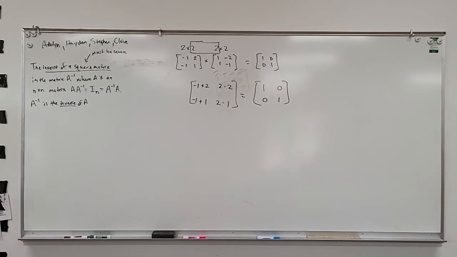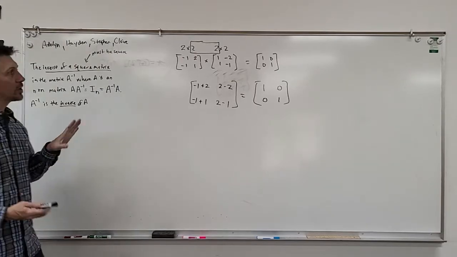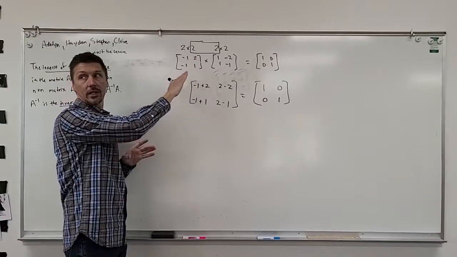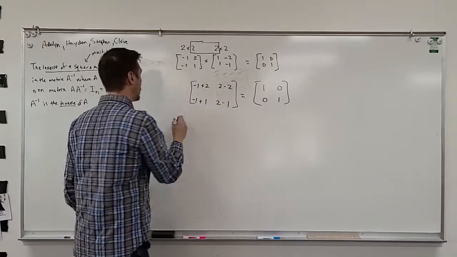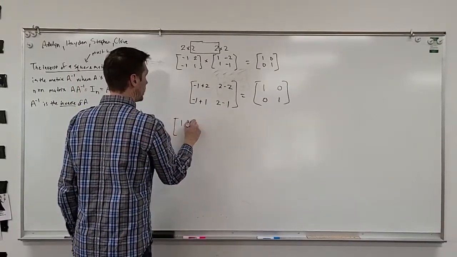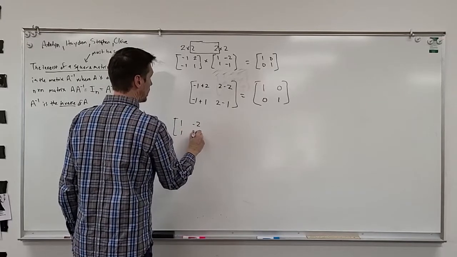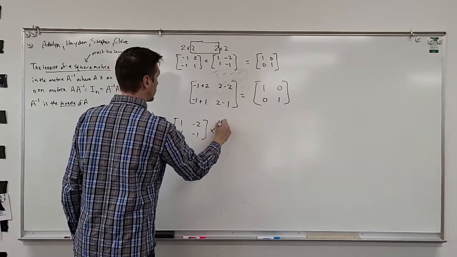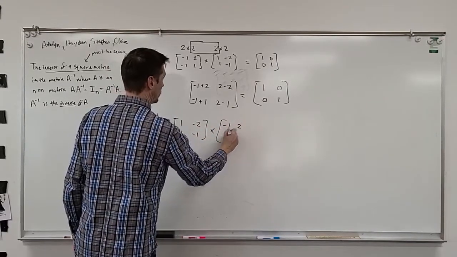Now, are we done? I wish. You wish, right? In order for this to truly be an inverse, we should be able to flip the order of these and also get the identity matrix. So let's do that real quick. 1, negative 2, 1, negative 1, times negative 1, 2, negative 1, 1.